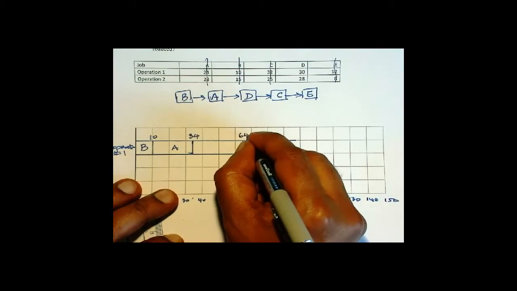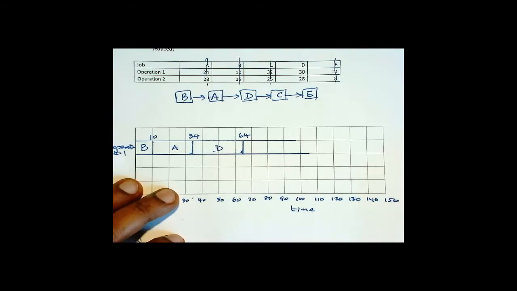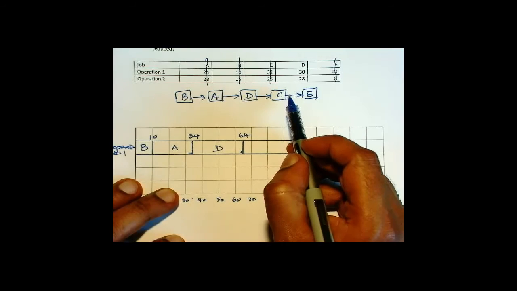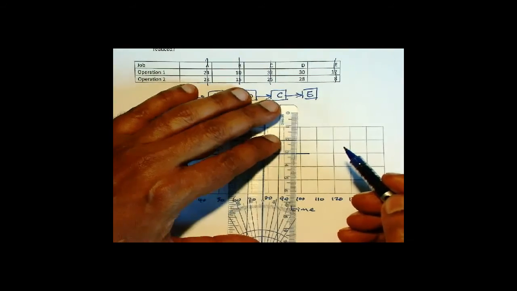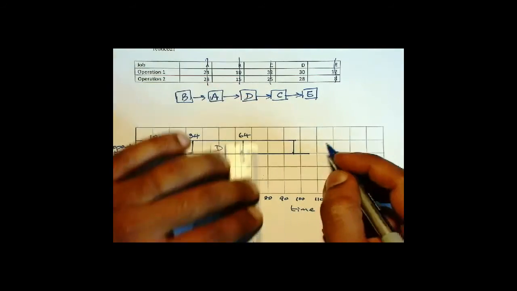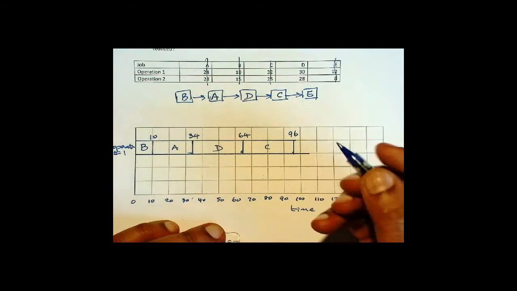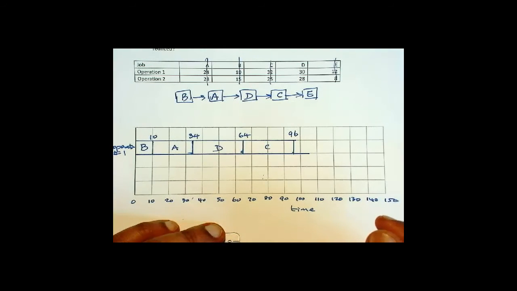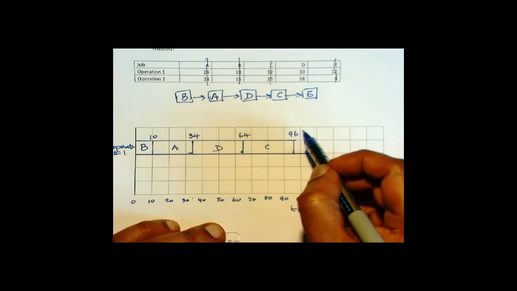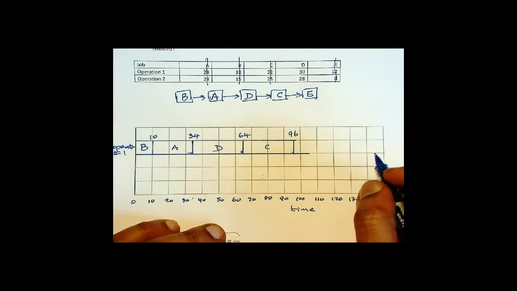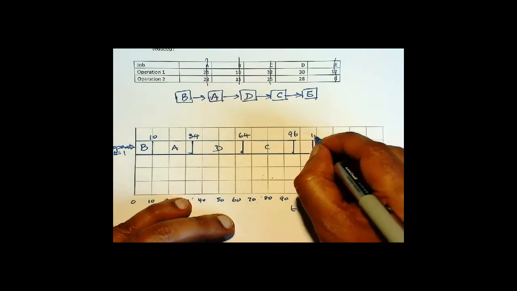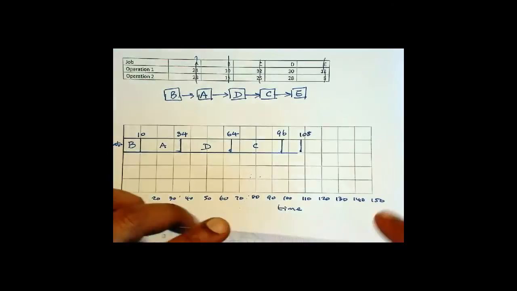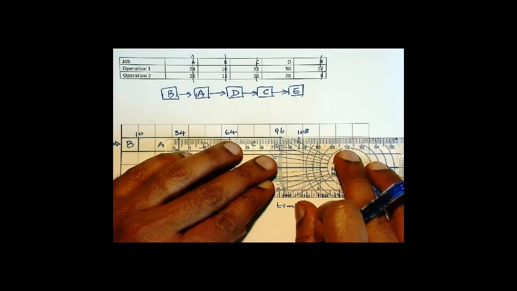So that's D. And then C needs 32, so that will take us to 96. So 96 is C. And finally E is 12, so 96 plus 12 is 108. The first operation will finish by 108.